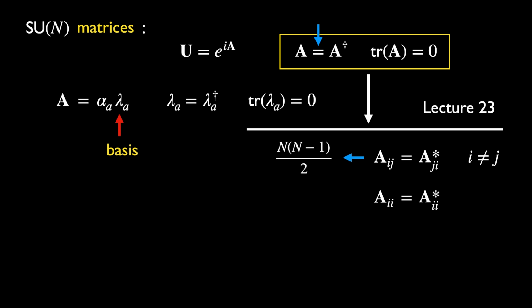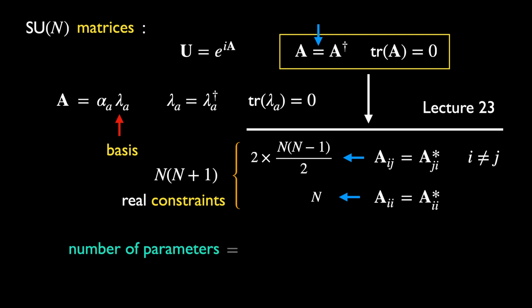This implies that there are n times n-1 over 2 independent complex equations, multiplied by 2 to give the number of real equations. The second equation means that there are n real diagonal elements. The sum of all these gives n times n plus 1 real constraints. The number of real parameters that describe the matrix A is 2 times n squared minus the number of constraints.